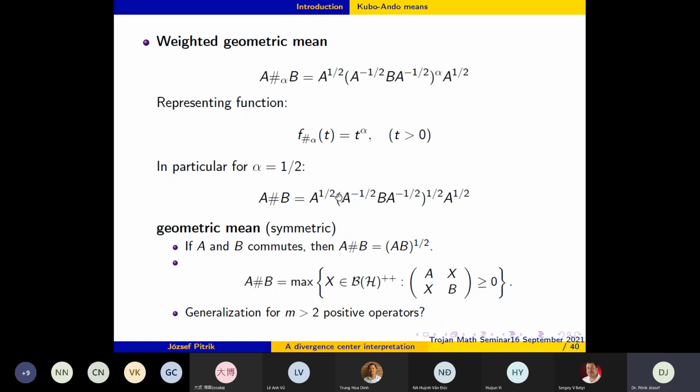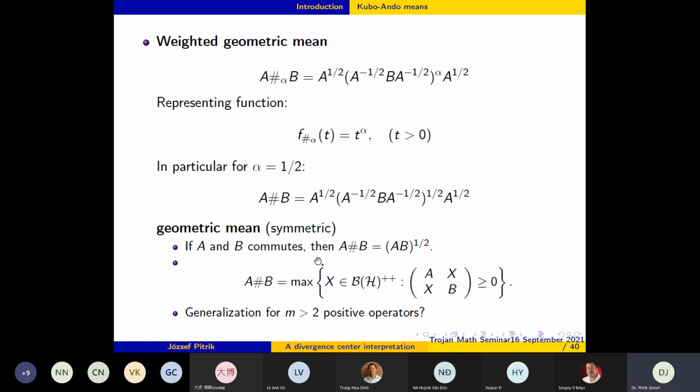This is called the geometric mean. And it's not hard to see that if A and B commute, then this formula goes back to AB to the half power, just like in the case of numbers.